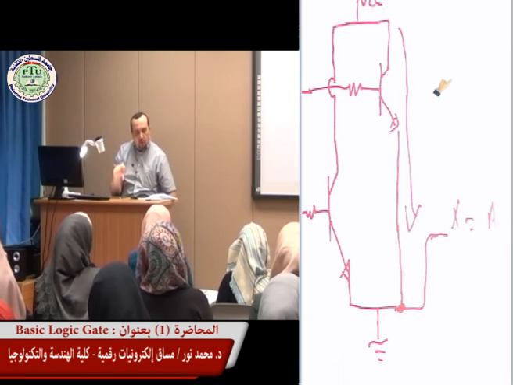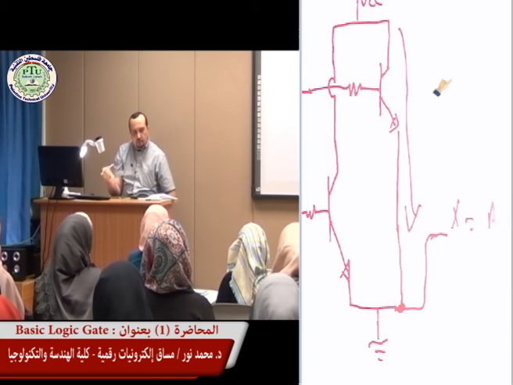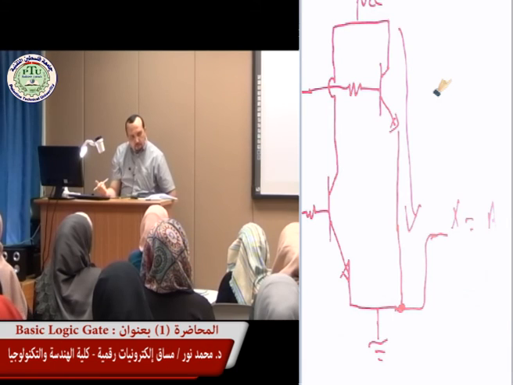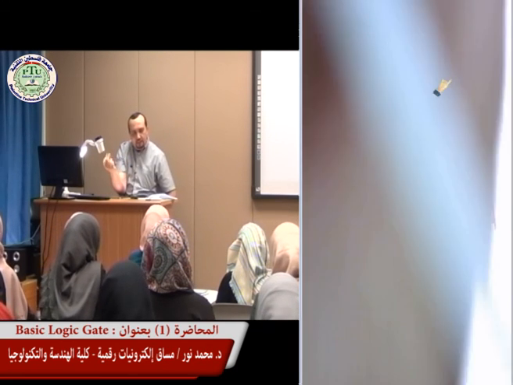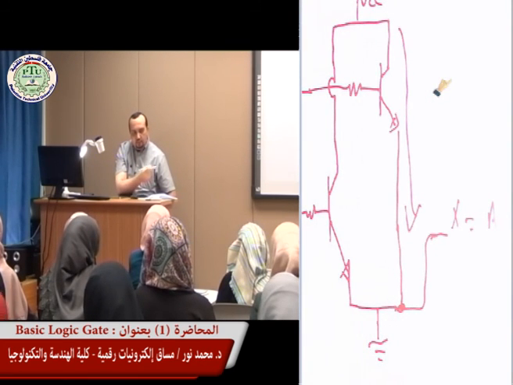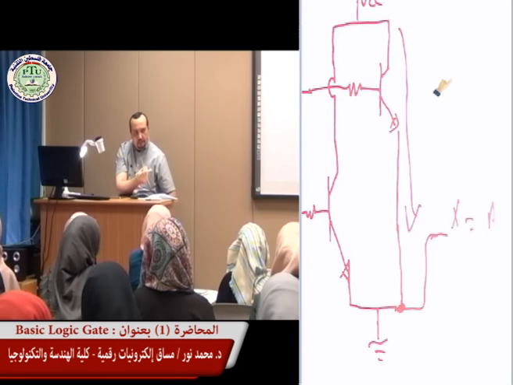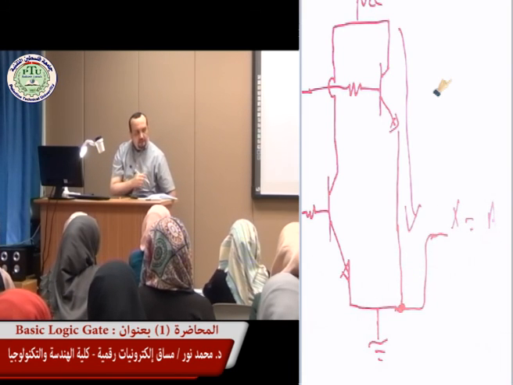If we know and can manage how the output signal corresponds to the input signals, whether ones or zeros, then we are in good shape. It's easy to buy a ready-made chip from any shop, but the challenge as an electrical engineer is to design that chip and understand the inside circuit of that chip.